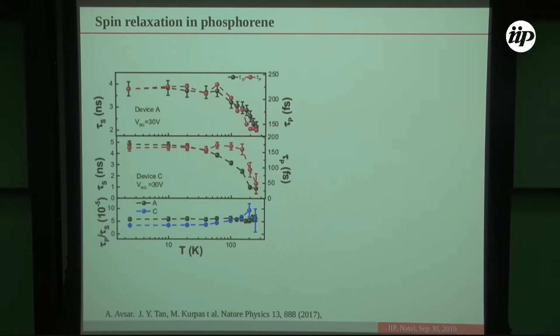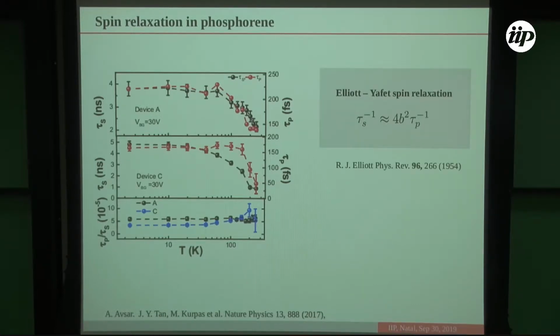If you keep in mind this formula given by Elliott, we see that this mechanism of spin relaxation should be mainly the Elliott-Yafet mechanism. What Ahmet then did was divide the momentum lifetime by the spin lifetime, which roughly gives us this b squared parameter, and got values of the order of 10 to the minus 5.